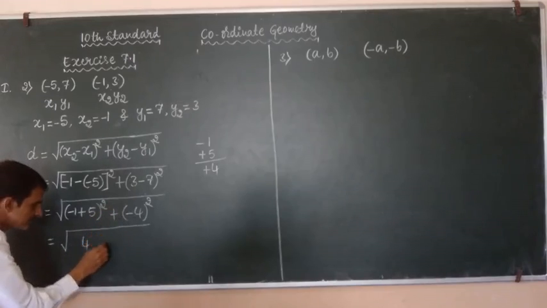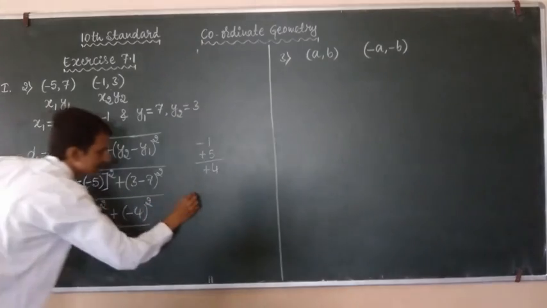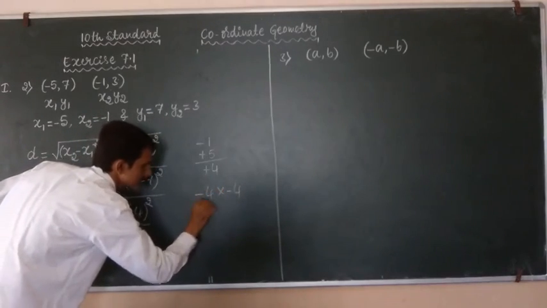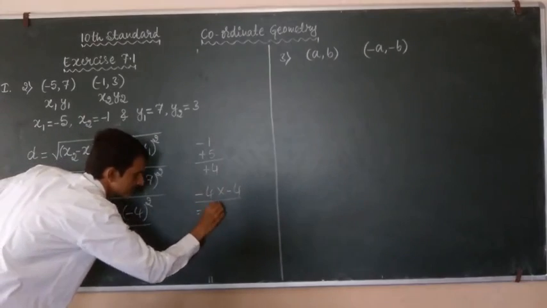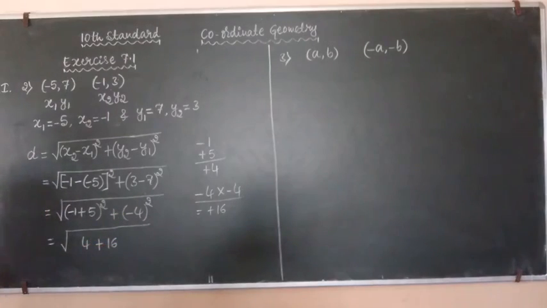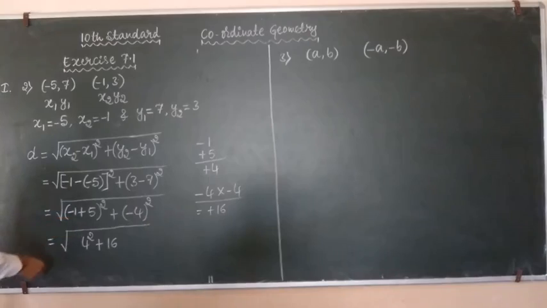The symbol in the formula is plus. So now see, this is minus 4 into minus 4. Minus into minus is plus, so the value is 16. So here it is 4 square.